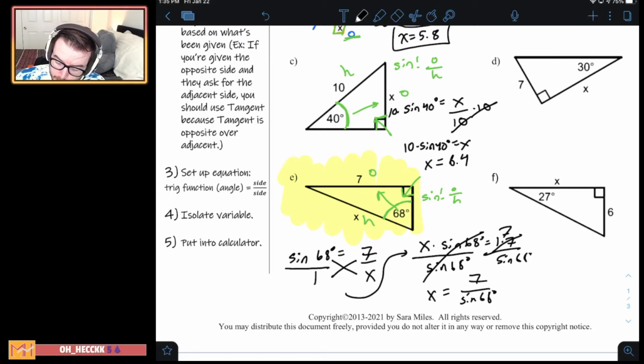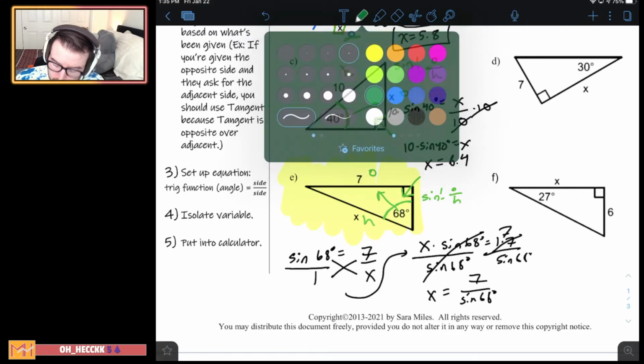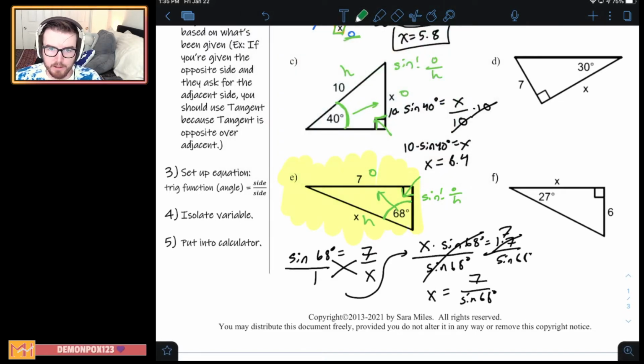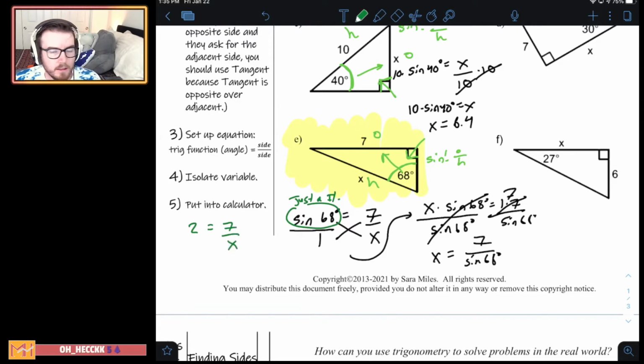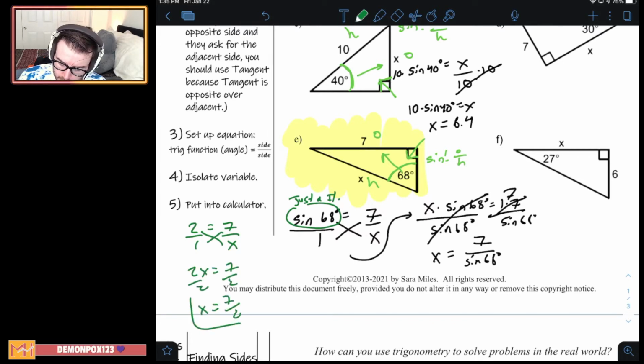Now, I know some students get a little intimidated by that. You might have been like, whoa, what did we just do? I want you to think this is just a number. What if I gave you 2 equals 7 over x? I hope you would be comfortable with that.